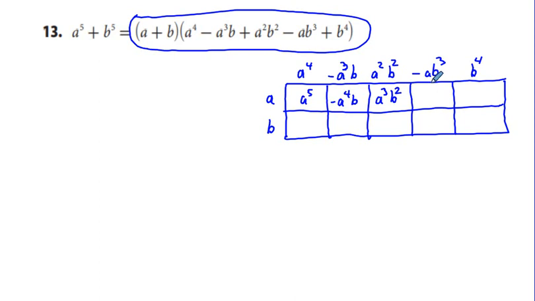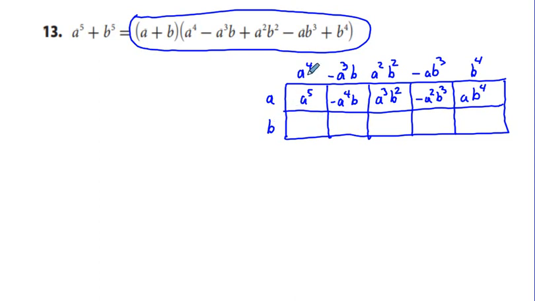Then we have a times negative a b cubed is going to be negative a squared b cubed. And finally we're going to have a times b to the fourth power.